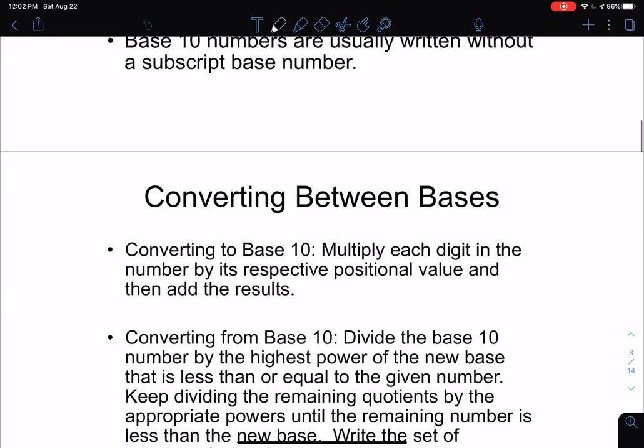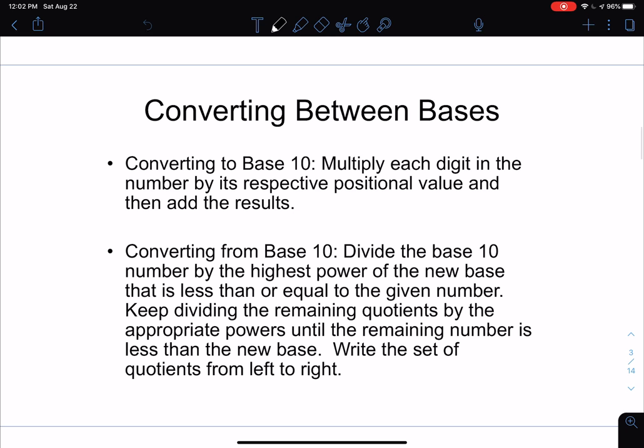Okay. Now, converting between bases, just like when I ended the last video, if you're converting to base 10, the one you're used to using, you're going to multiply and add. If you're converting from base 10 to a different base, you're going to end up doing a lot of dividing.